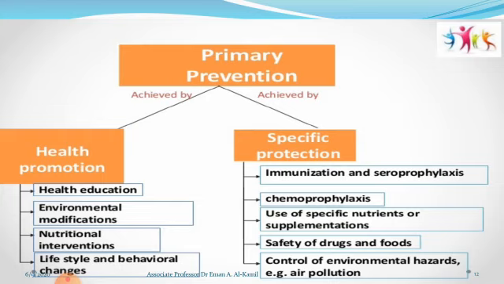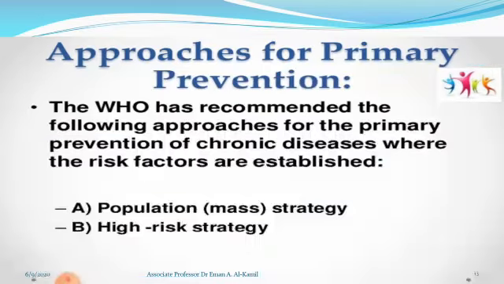Safety of drugs and foods is also important, as is control of environmental hazards such as air pollution, by taking special procedures to protect the air from different pollutants. This is always done by different governments.